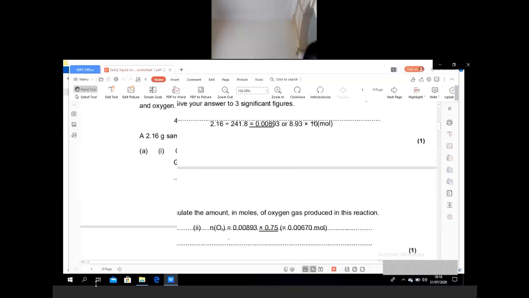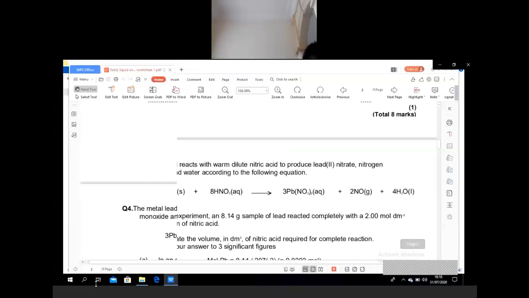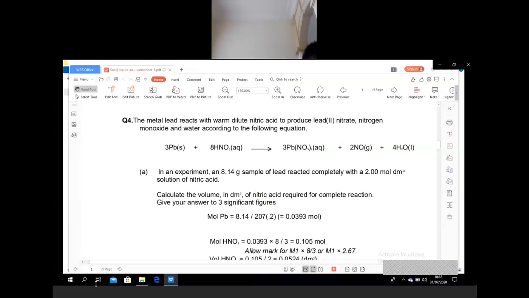Okay, and then next, page 3. The metal lead reacts with warm dilute nitric acid to produce lead 2 nitrate, nitrogen monoxide, and water according to the following reaction. So this is the chemical equation.